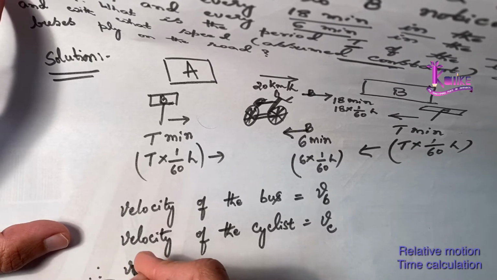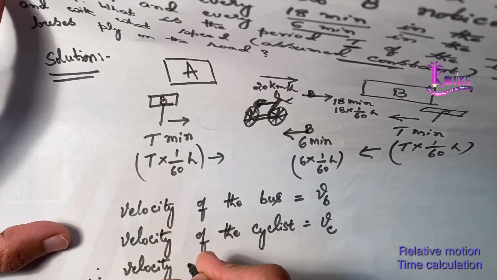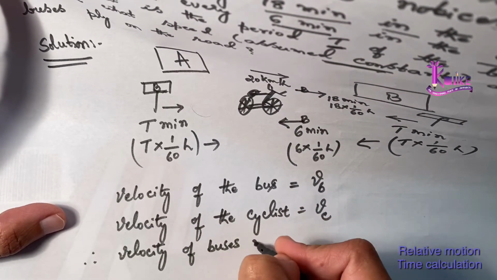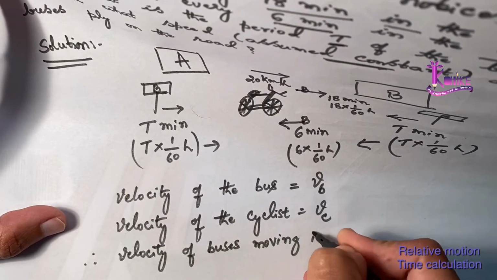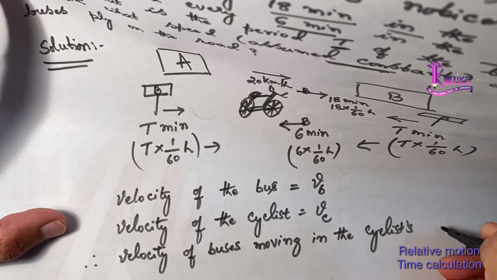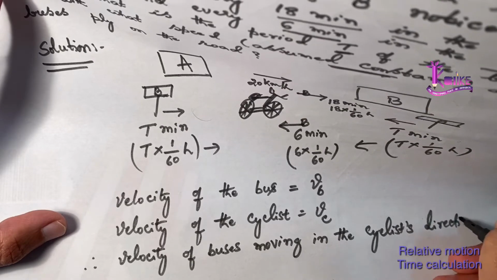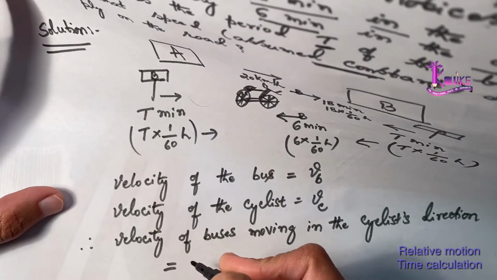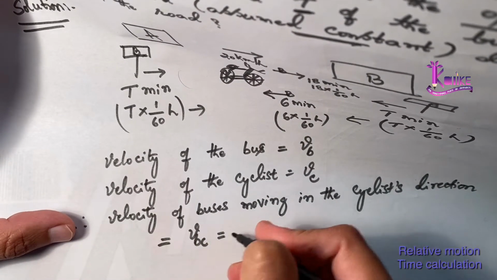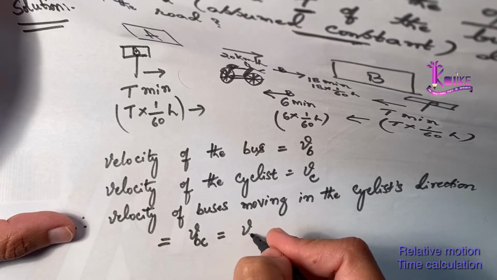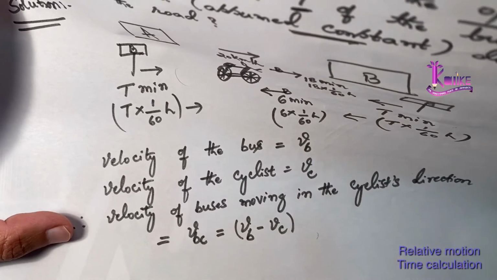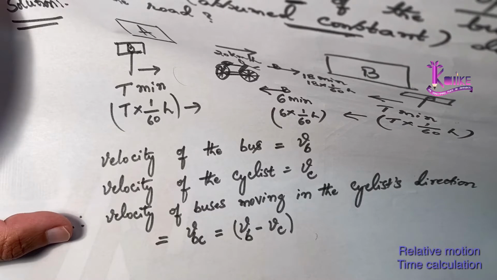So the velocity of buses moving in the cyclist direction can be represented by VBC, that is the velocity of buses with respect to the cyclist, and by the relative velocity definition, it is VB minus VC, right?